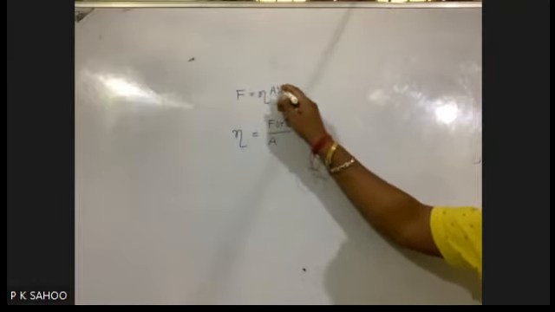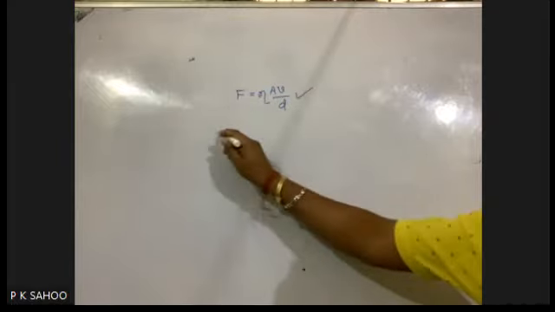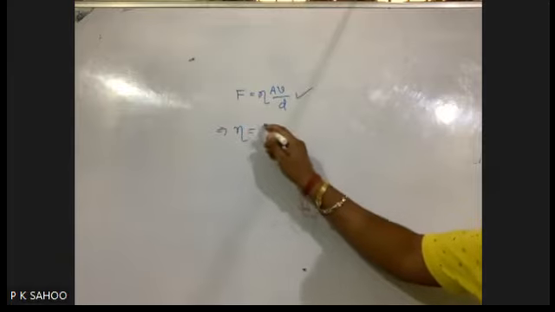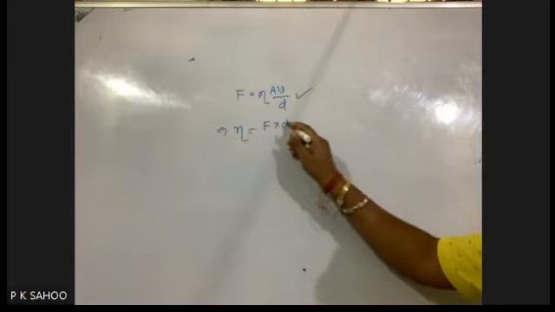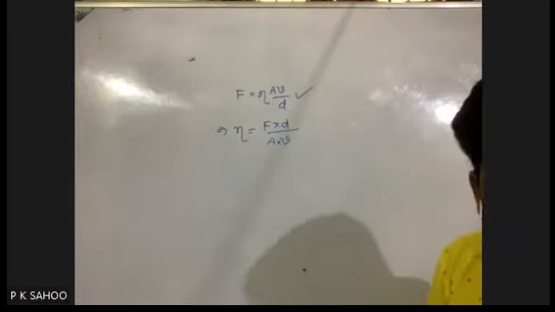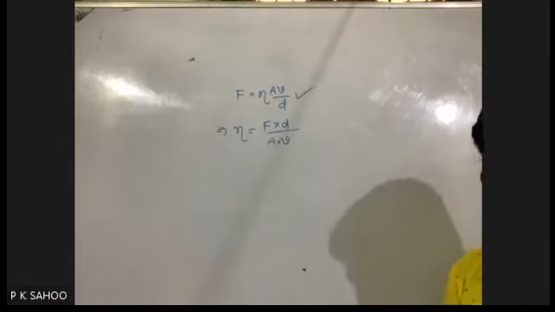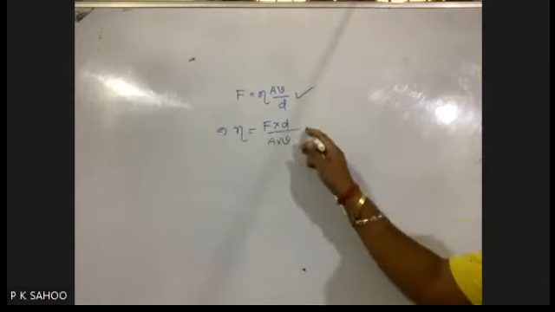It comes from here. This is the main formula. From the main formula, eta is equal to FD by AV. So from the main formula, we got this.